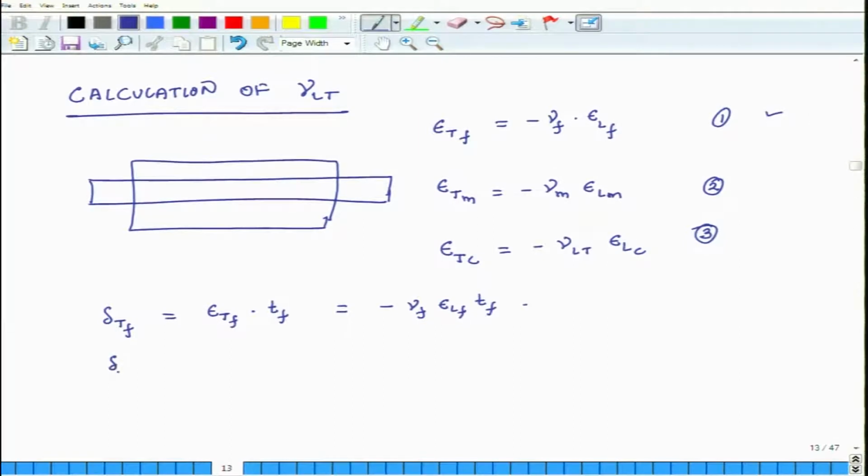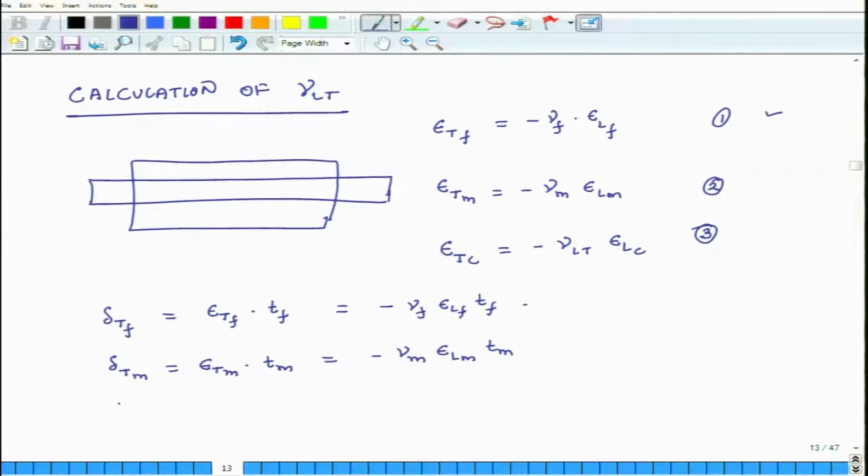Similarly, the reduction in thickness of the matrix alone will be delta T m, which is epsilon T m times T m, equals minus Poisson's ratio of matrix material times longitudinal strain in matrix times the overall thickness of the matrix.